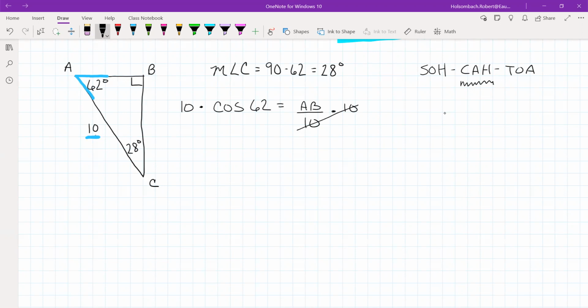And you should get 4.69. So 4.69 equals AB. And I already forgot how we're rounding. Angles to the nearest degree, sides to the nearest tenth. So to the nearest tenth, this is 4.7, isn't it?